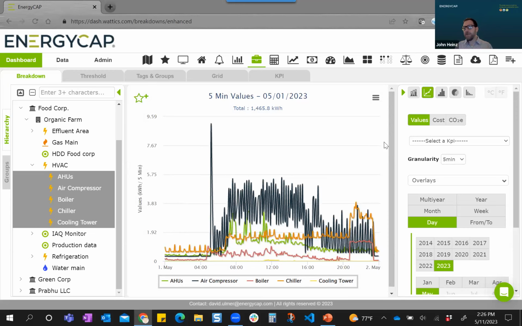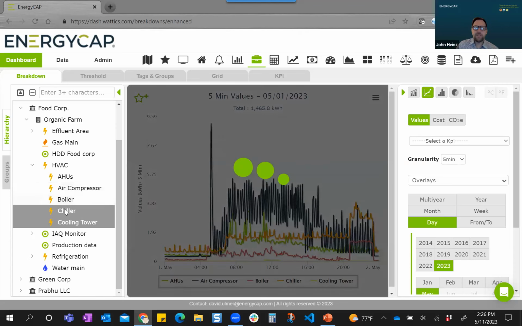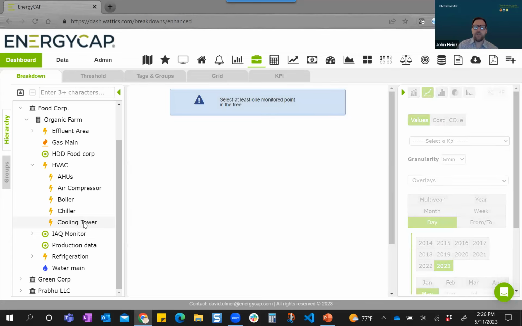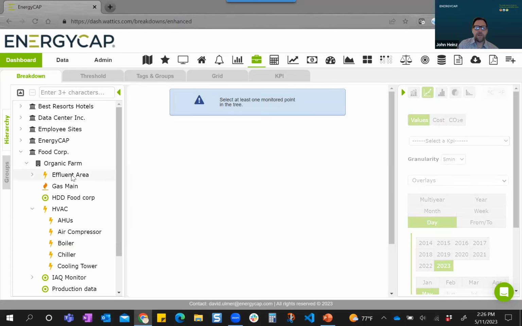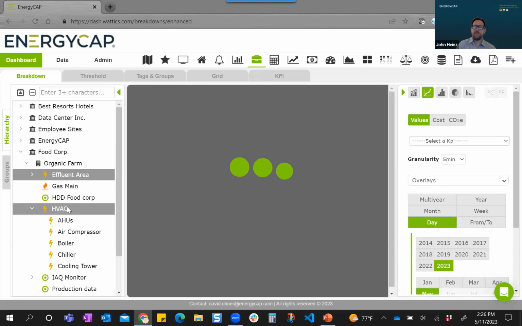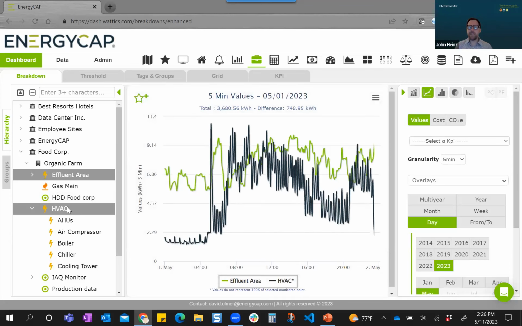Now, I understand many of you probably don't have metering down to this granular level where you're monitoring all the components of your HVAC systems. That's okay. But hopefully you get the idea that even if you have a master meter or a couple zones within a school metered, then you can start to at least get value for what you do have. So you can overlay points on different schools, one on top of the other.